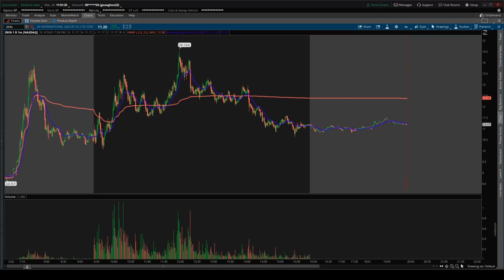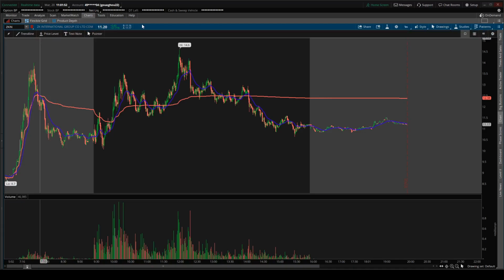So for example, TCAT I guess came from $5 all the way to 40. Also OCG came from $6 all the way to 16, and then it's fading again.